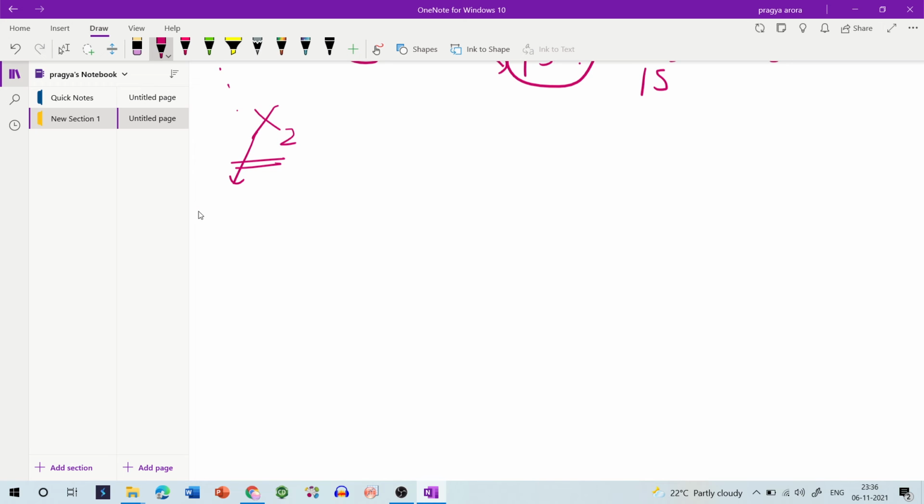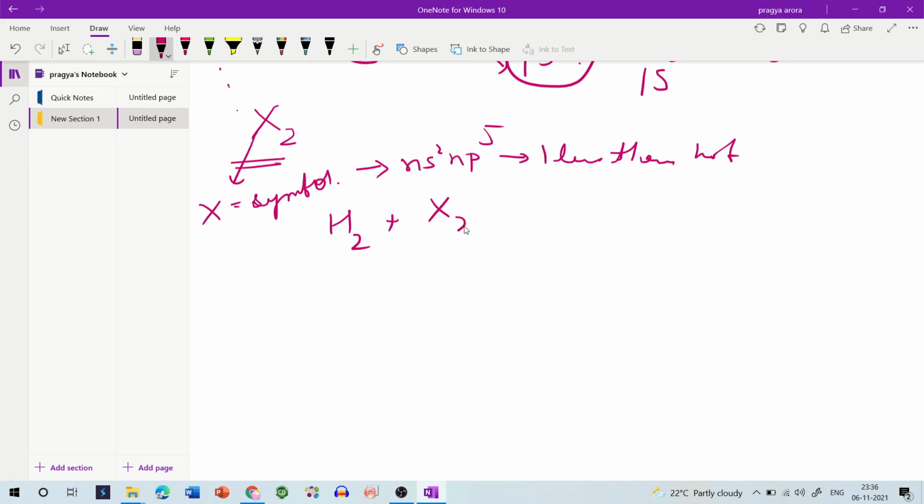Halogens are represented with the X symbol. Any halogen is represented with the X symbol. Halogen has an electronic configuration of ns2 np5, which is one less than the noble gas configuration. So if hydrogen is reacting with a halogen, it can lose its one electron to form the H plus ion.